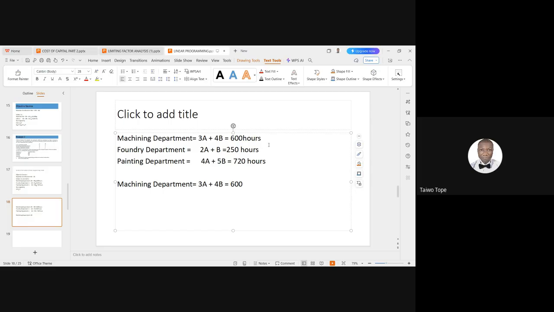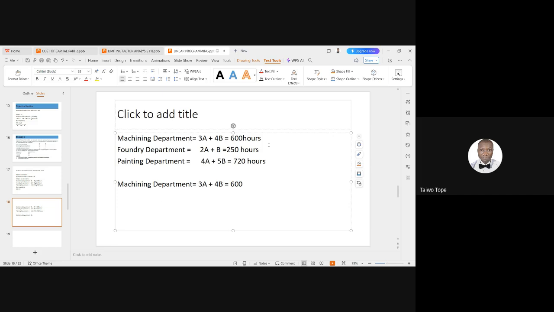So for you to plot on a graph, you must get two variables, on the x-axis and on the y-axis, or on a-axis and the b-axis, depending on how you want to label your graph.